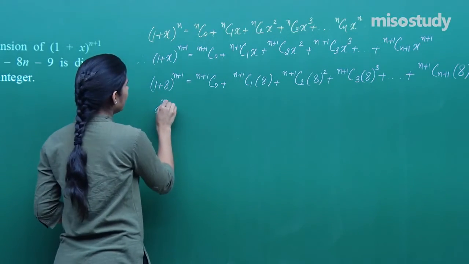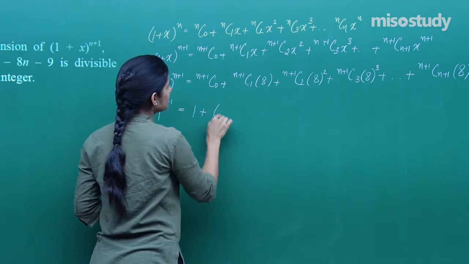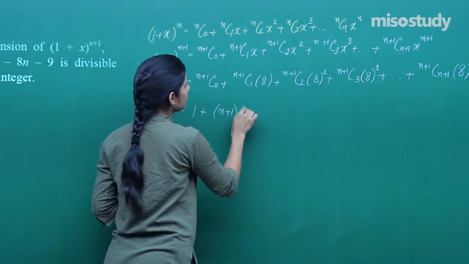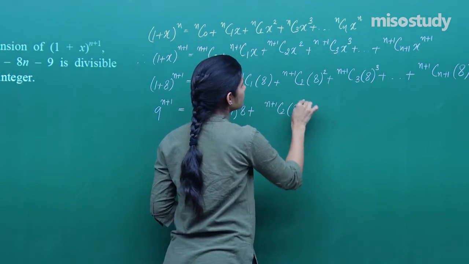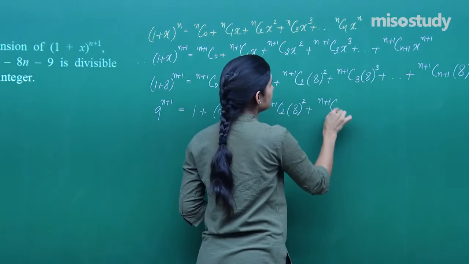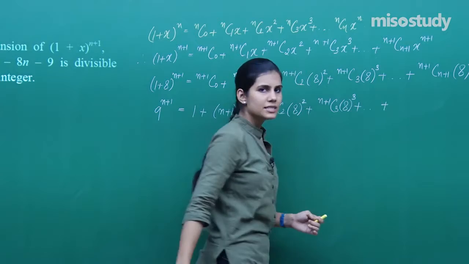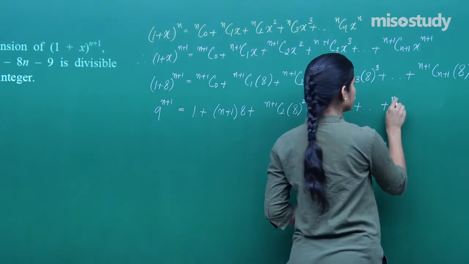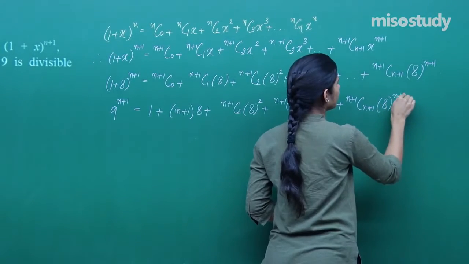This is 9 to the power n plus 1. n plus 1 c0 is 1. n plus 1 c1 is n plus 1 into 8 plus n plus 1 c2 8 square, n plus 1 c3 8 cube plus n plus 1 c n plus 1, 8 to the power n plus 1.